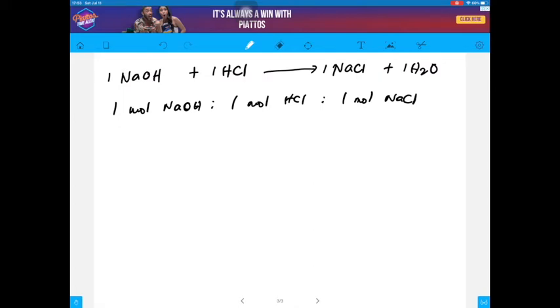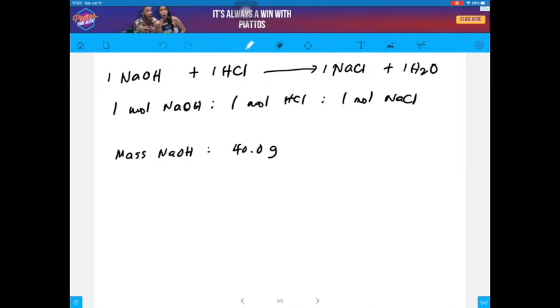Typically in problems involving stoichiometric calculations, usually the thing that is given is the mass of one reagent. For example, mass of sodium hydroxide is given such that it reacts with another amount of the other reagent, and we need to find the amount of the product produced.